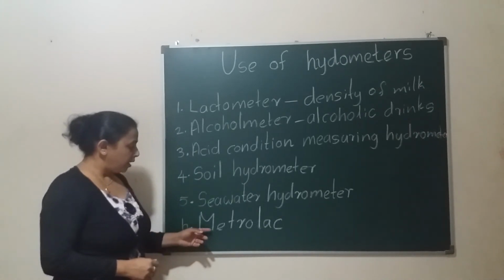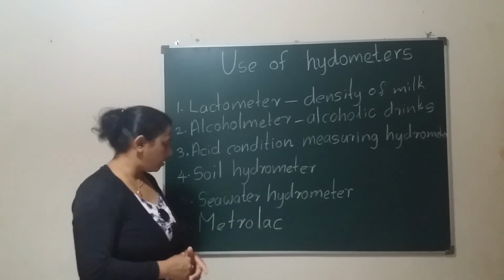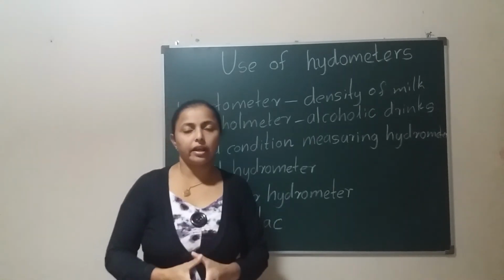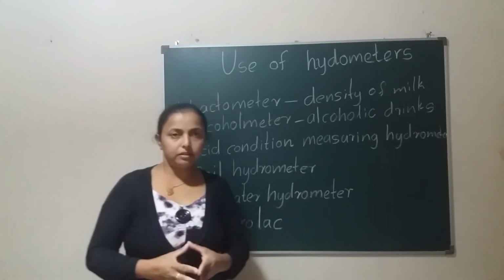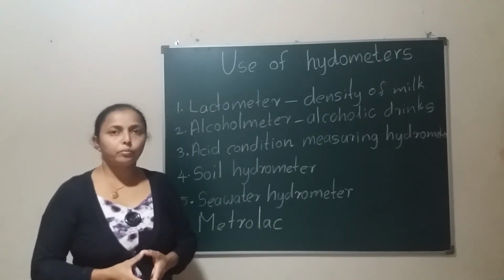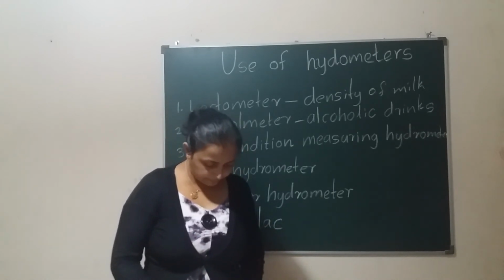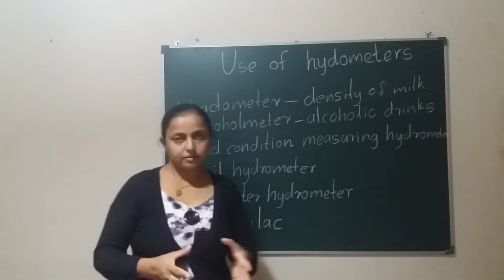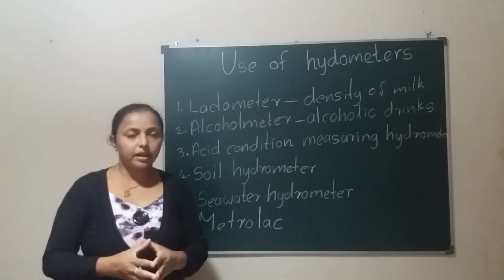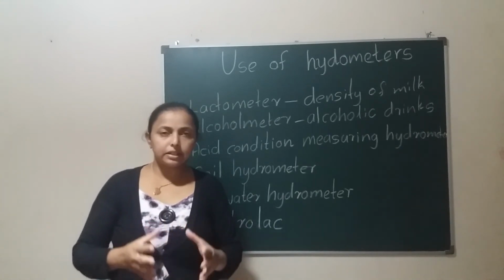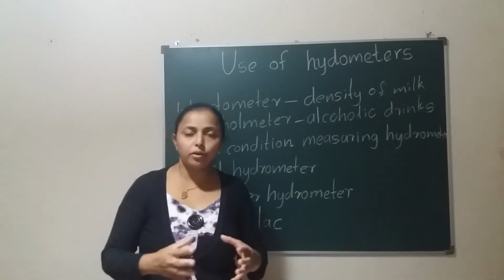Sixth one, metrolab. What is it? It measures the density in rubber latex. You know, rubber latex also contains a certain amount of water.